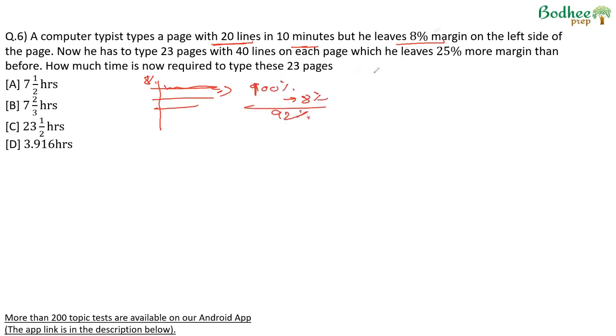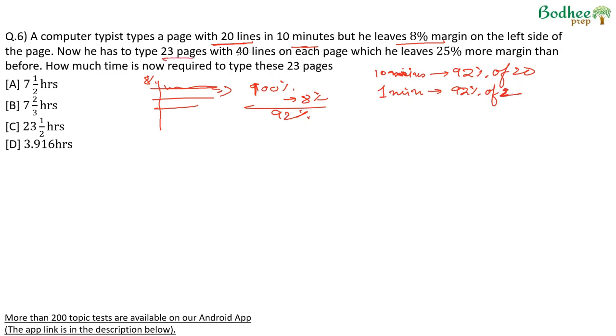So basically in 10 minutes, the typist is writing 92% of 20 lines. And therefore we can say in 1 minute, he will write 92% of 2 lines, dividing the entire thing by 10. Instead of 20, this becomes 2.